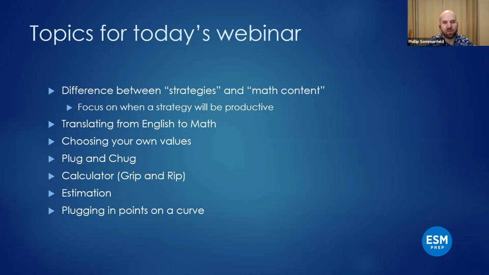Choosing your own values, plug and chug, which is probably the one most people are familiar with, but we'll hopefully discuss how you can identify those really quickly on the test. Calculator, or as we lovingly call it, grip and rip, estimation, and then this last one, which Casey and I are just blanketly calling plugging in points on a curve, and hopefully that will make more sense in a minute.